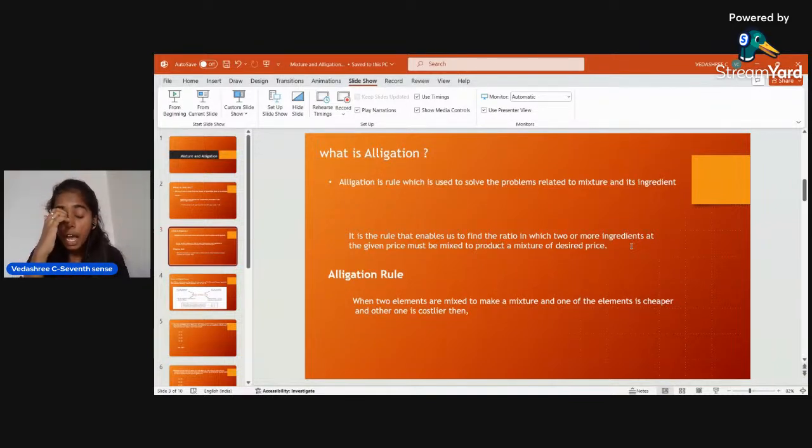So the alligation rule is about calculating the ratio or fraction when two elements are mixed to make a mixture, where one element is cheaper and the other is costlier. Here we need to calculate the ratio.